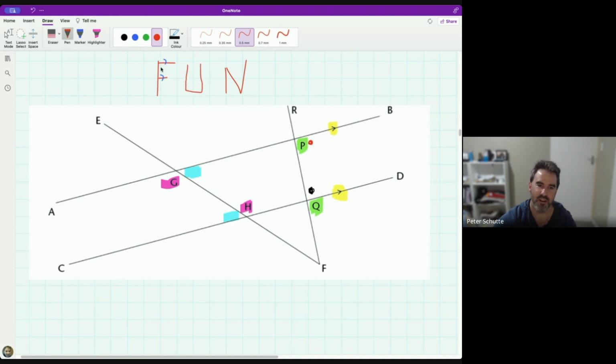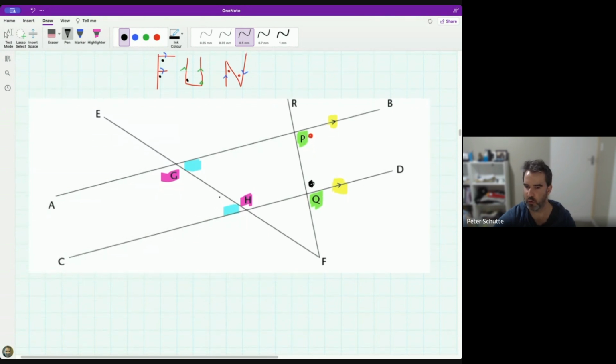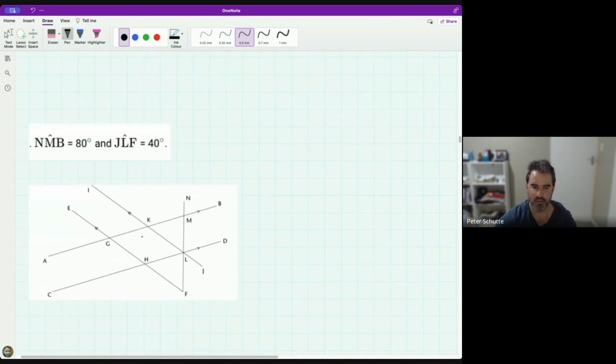The U is going to be the co-interior angles, where you can remember that they are not equal to each other, but they add up to 180. And then the N is the alternate angles, where they are equal to each other. So often students remember this like that, and you just need to remember that they still apply in these shapes. Okay, I'm not going to go into that in detail because I think most of you still remember that, but just be aware that it's still involved.